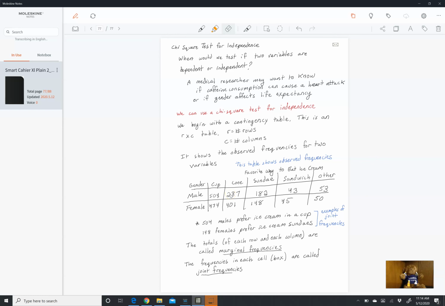287 is the observed frequency for row 1, column 2. 53 is the observed frequency for row 1, column 5. Let's put that over here first. Observed frequency for row 1, column 1. That's what that means.